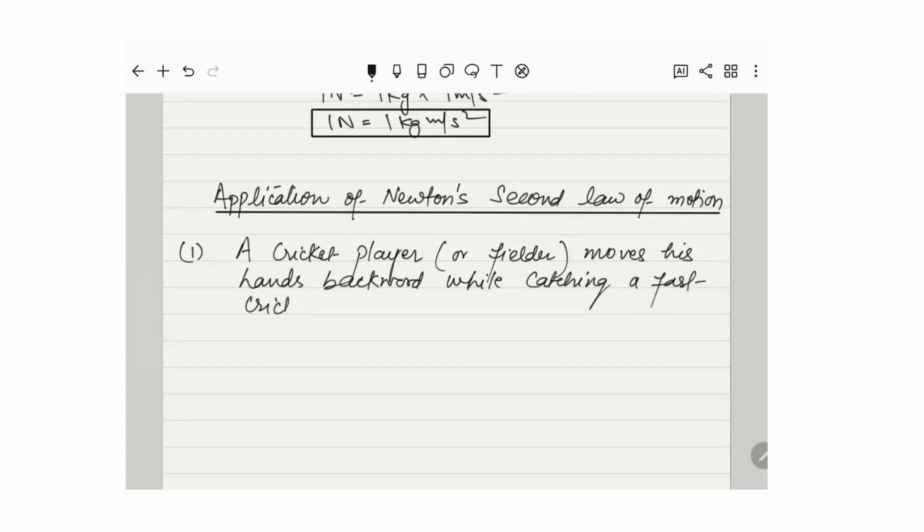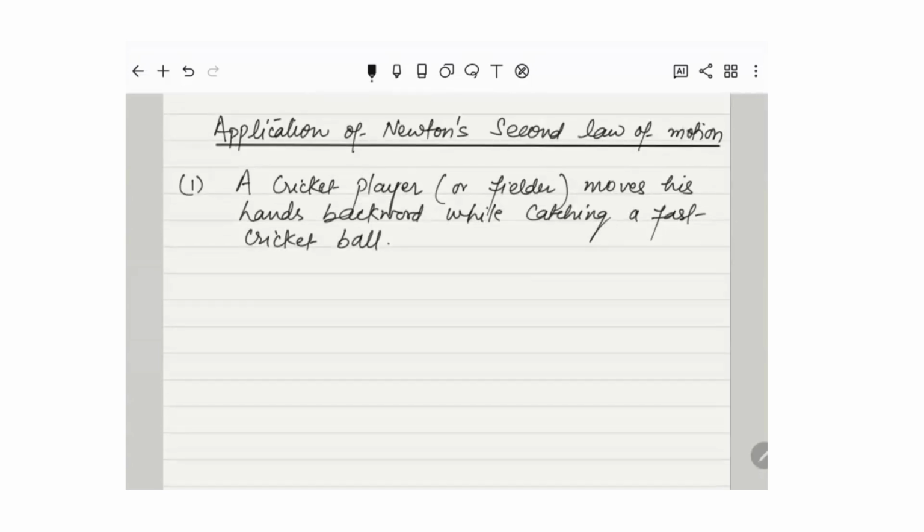Okay, so this is why, because it is actually increasing the time, right? Okay, so this is the application of the second law of motion.